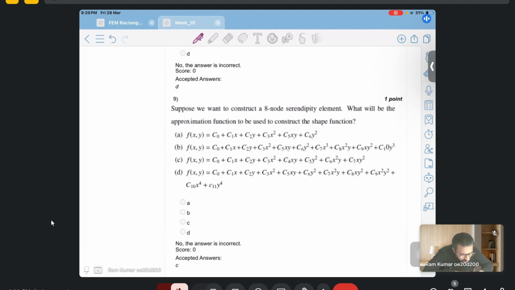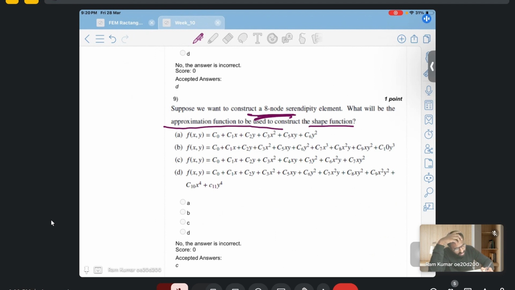So now we have an 8 node element, and what will be the approximate function? So let me write the Pascal triangle here. In case of an 8 node element, we can take a relation that includes 8 unknowns.